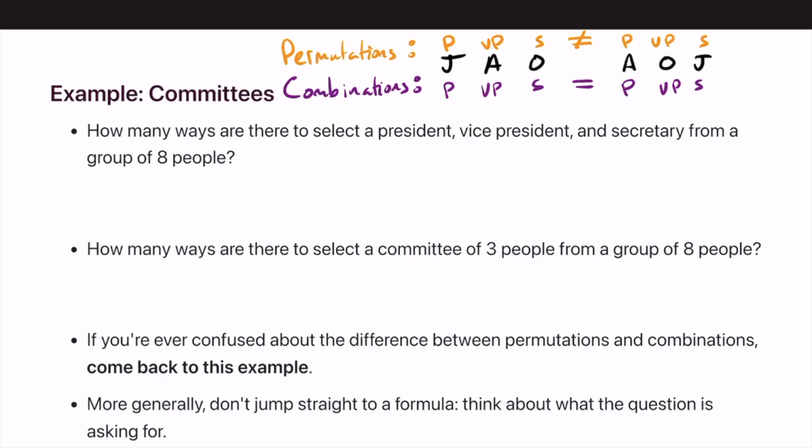So in this case, it doesn't matter what their roles are. Since it's the same 3 people, it is effectively the same thing.